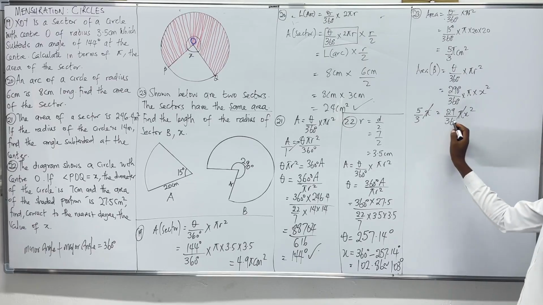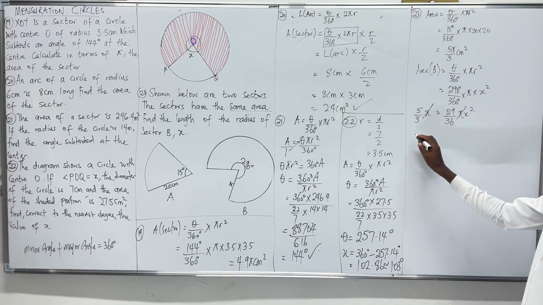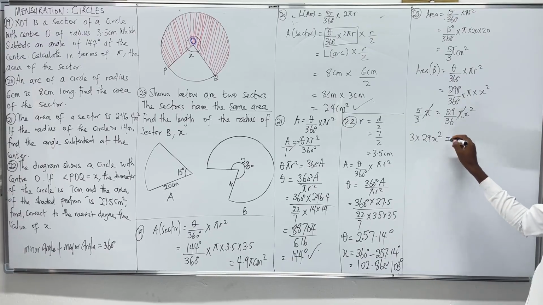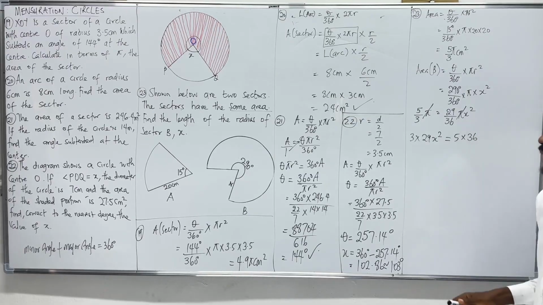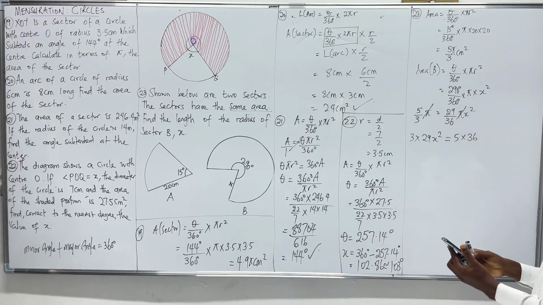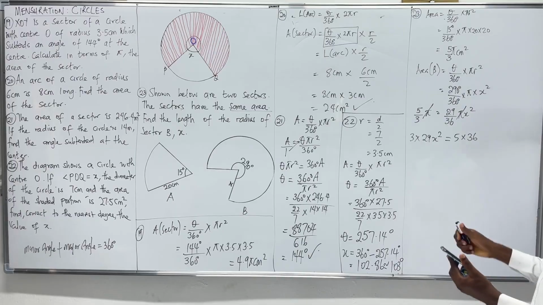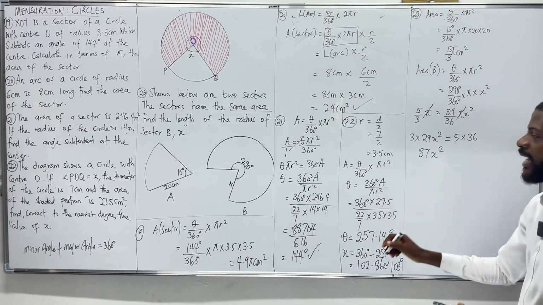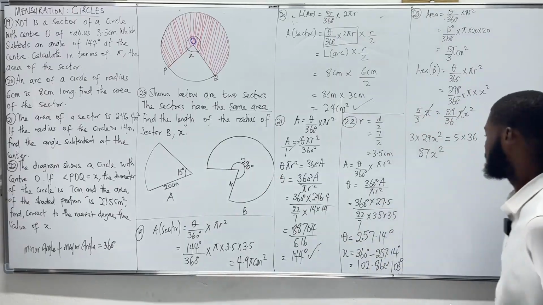So I'm going to say 5 times 36, then 3 will times this. So we have 3 times 29x squared equal 5 times 36. So 3 times 29, this is 87. 87x squared. I think this should have been 270.